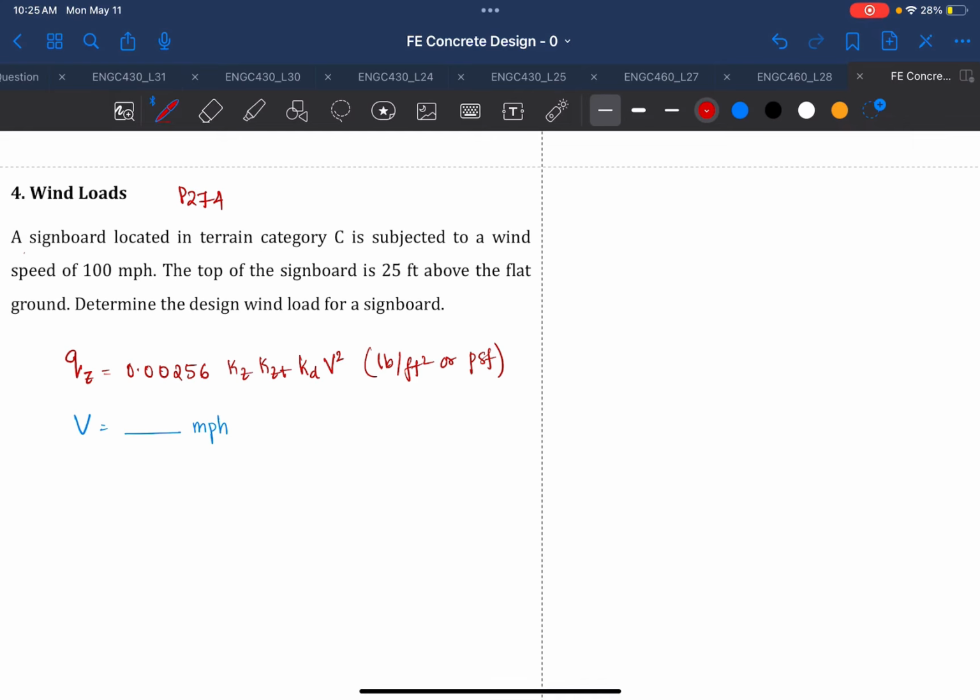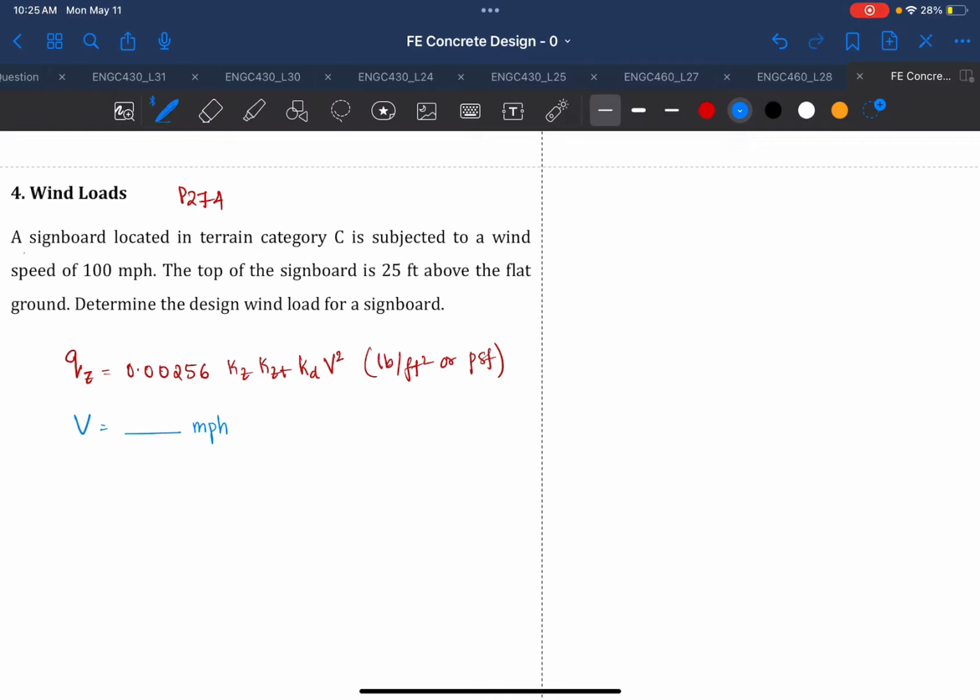The top of the signboard is 25 feet above the flat ground. Determine the design wind load for the signboard. Again, if you look at the formula, you have KZ, KZT, KD. These are parameters, and all these parameters or the information will be given to you.